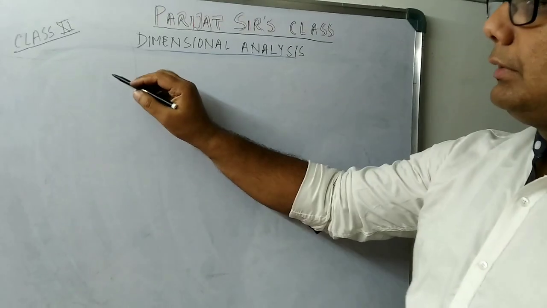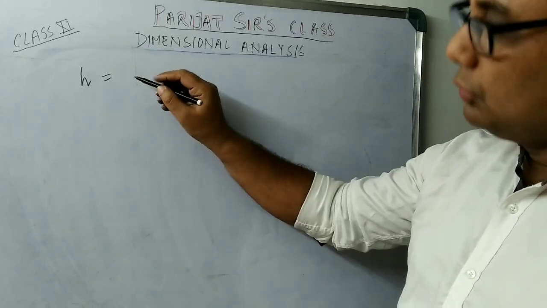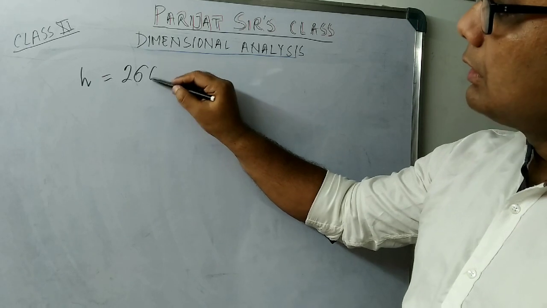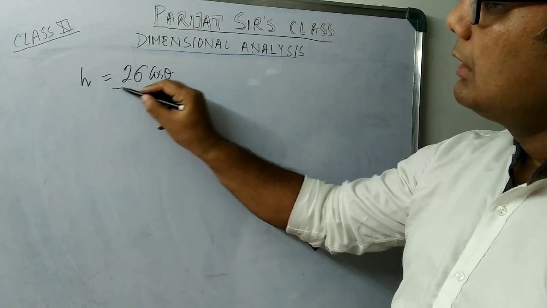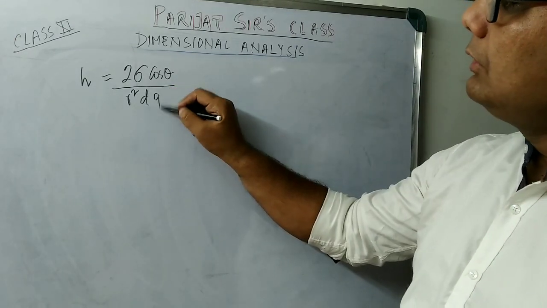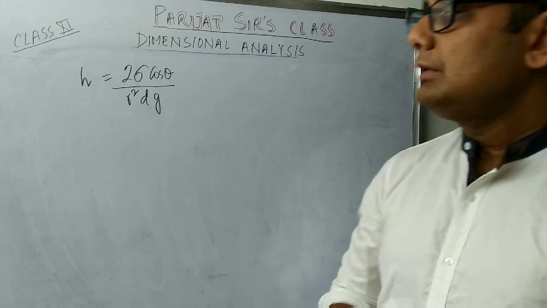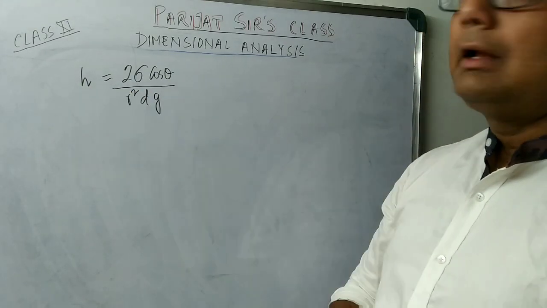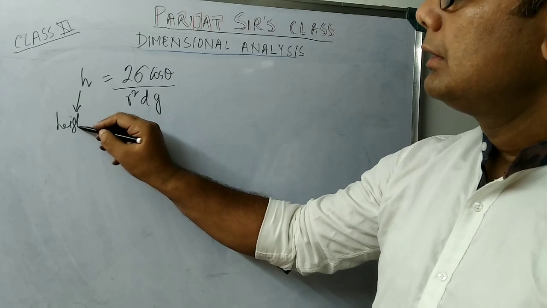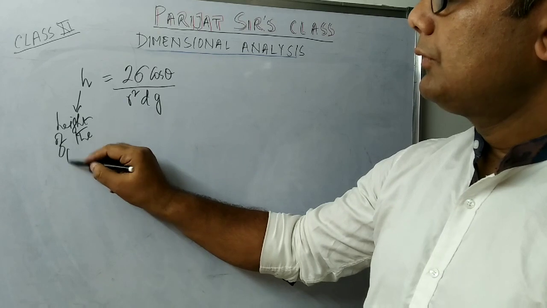Here there is a formula given: h equal to 2 sigma cos theta by r rho g. This is the height of the liquid. They will tell you all this, so don't worry. Height of the liquid.